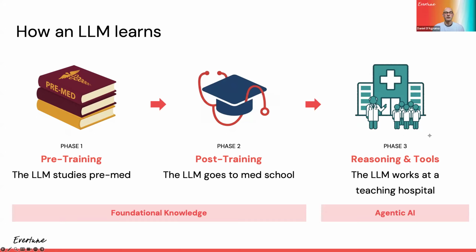They bring a wealth of knowledge, but they're now in the real world and they can tap into additional inputs. So a doctor might consult a colleague or order an MRI or blood work. So an LLM can use tools like retrieval augmented generation or RAG, or search the web to fill in its gaps. So pre-training and post-training form the foundational knowledge layer, whereas the reasoning and tools are the agentic layer.